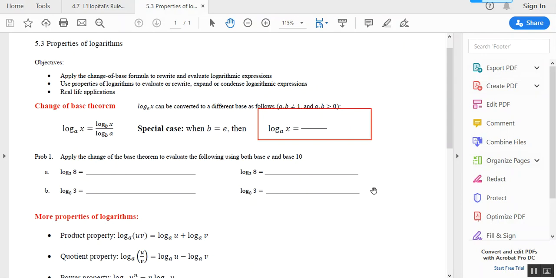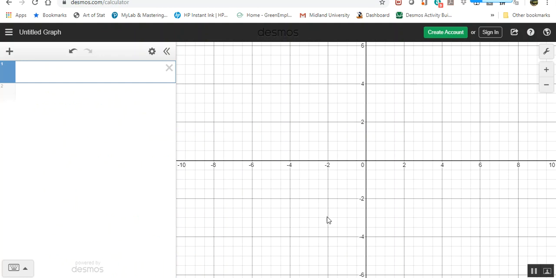Now I'm going to go to my decimals site to do the algebra. So now I'm on my decimals. To find those two values, you type in natural log of 8, and you already see that it is approximately equal to 2.079.